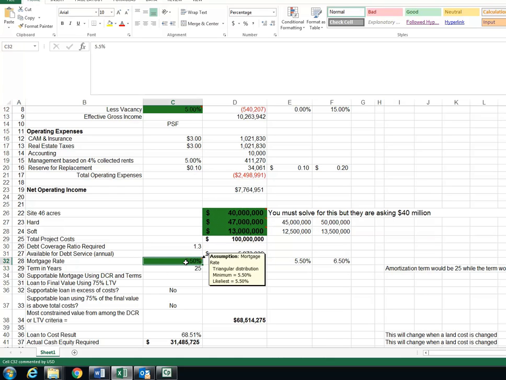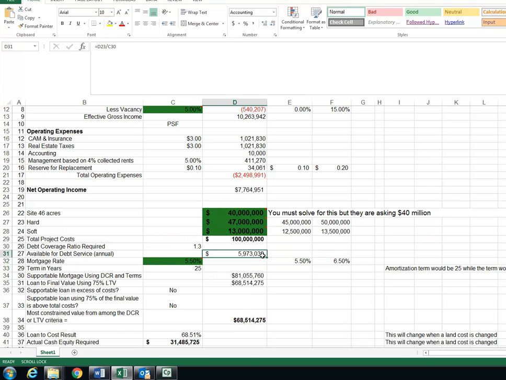And based on this interest rate and this NOI and this debt coverage ratio, 1.3, if I divide the 1.3 into 7.76 million, I'll get this number right here as being available for debt service. That is nothing but the NOI divided by the debt coverage ratio. Now, what will this support in terms of a mortgage?